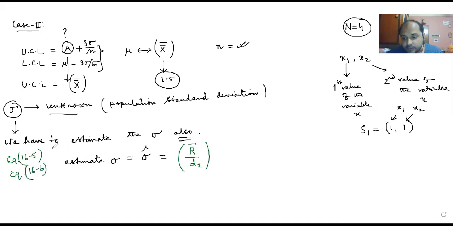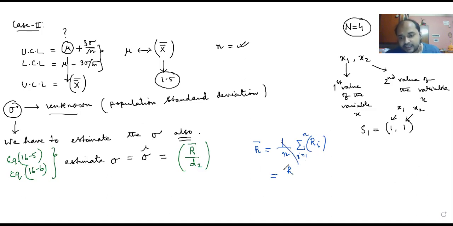According to these equations, the quantity R bar is given by 1 by n, summation i goes from 1 to n, Ri.